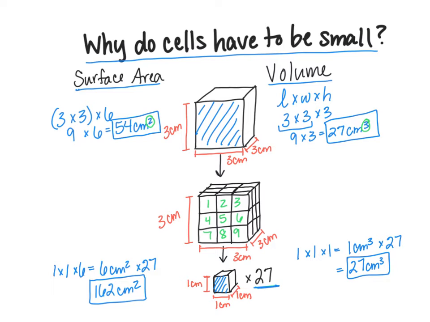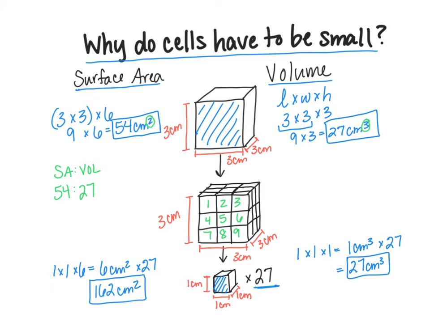So with the bigger box up here, we could look at something called the surface area to volume ratio. So we have a surface area of 54 centimeters squared, and that is relative to a volume of 27 centimeters cubed.